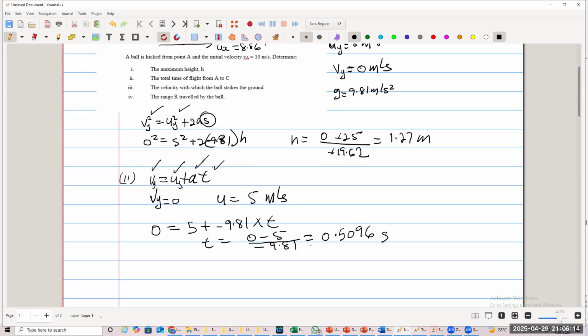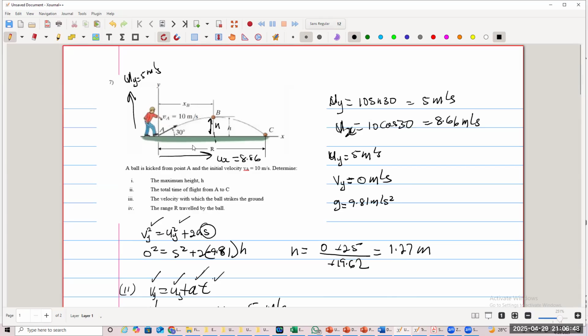So your time of flight is going to be equal to 2 times that t, so 2 times 0.5096, which will give you, I think the value is 1 point something. Anybody work it out? 1.019 seconds. All right. So that's what your total time of flight would be.